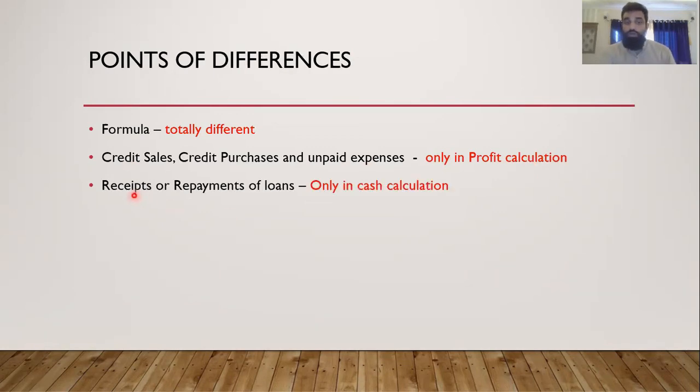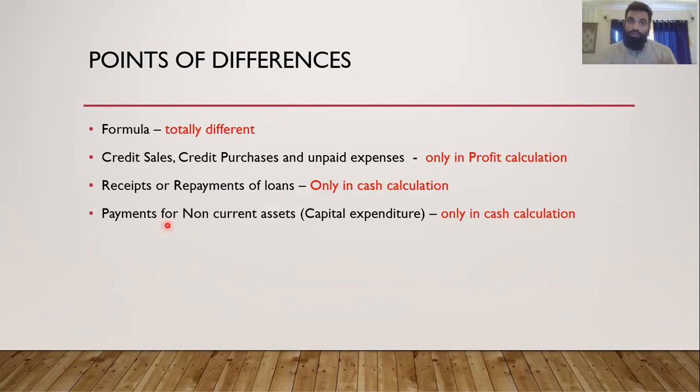And receipts or repayments of loans will only be included in cash calculation, but never in profit calculation. Payments for non-current assets, like furniture, like buildings, we also call it capital expenditure. It will only be included in cash calculation, never in profit calculation.